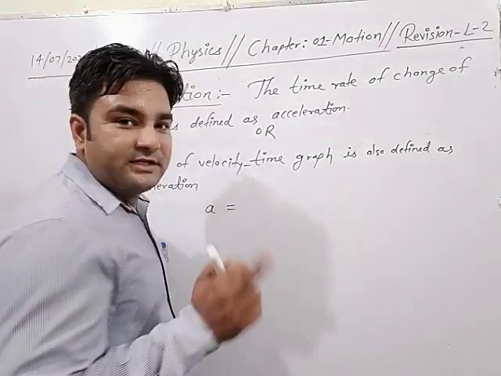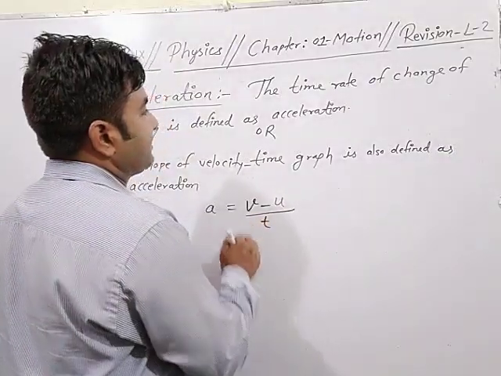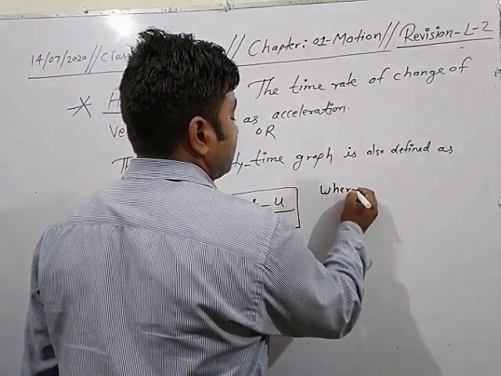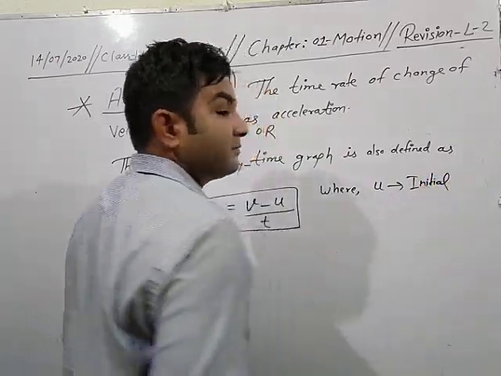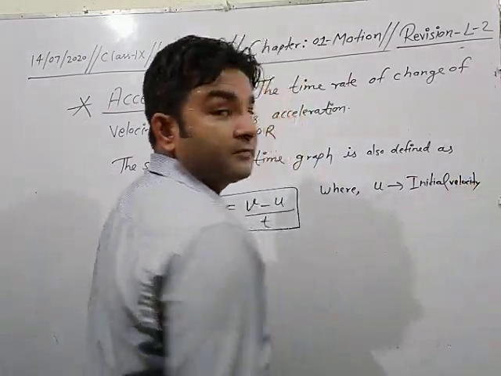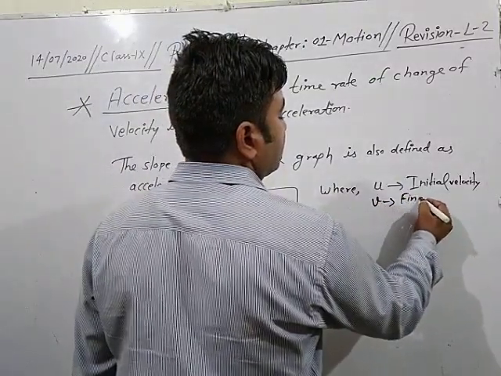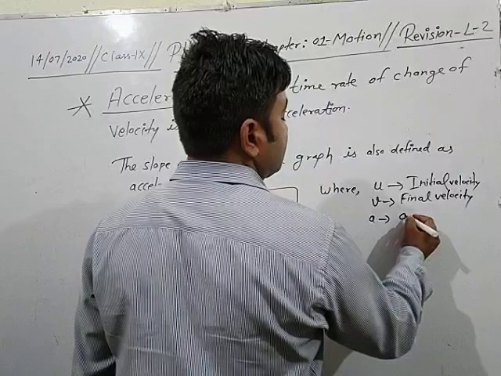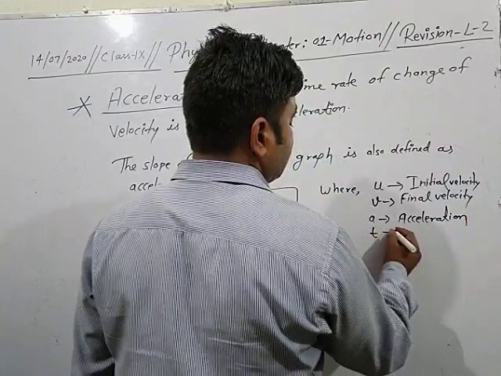If u is the initial velocity and v is the final velocity, then a = (v minus u) divided by time, where u is the initial velocity, v the final velocity, a the acceleration, and t the time.